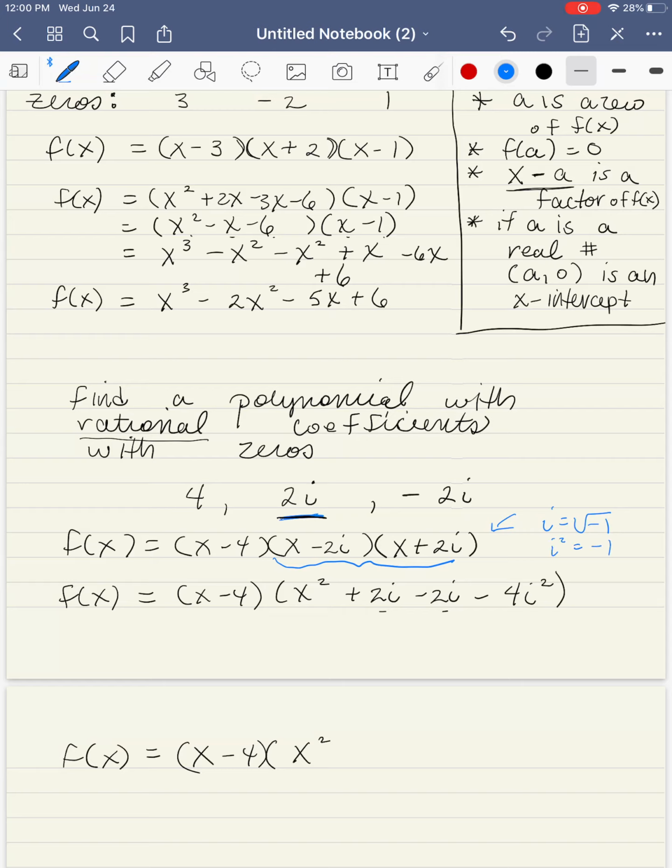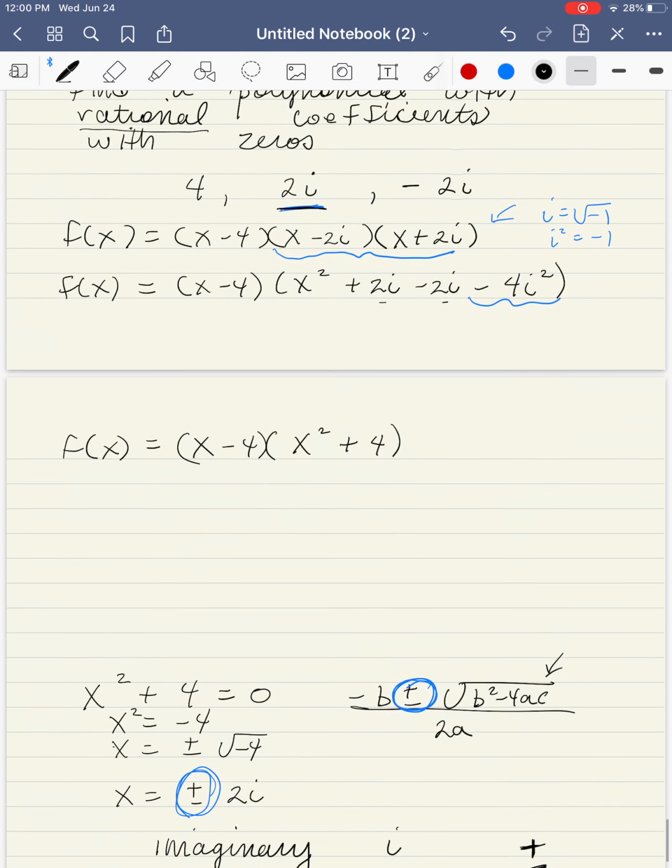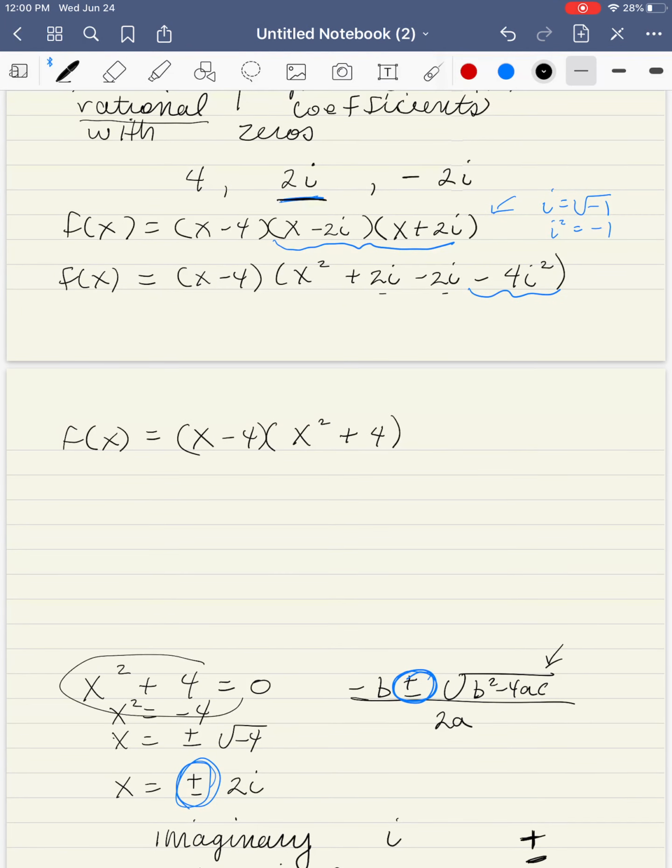Remember that i is the square root of negative 1. So i squared is negative 1. So this whole thing, minus 4i squared, becomes plus 4. And notice, down here, when I solved this quadratic equation, x squared plus 4, I got plus or minus 2i.